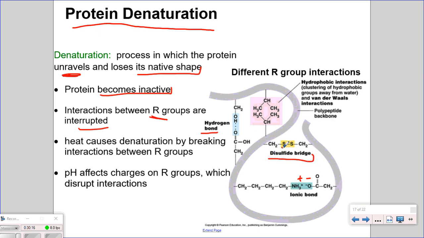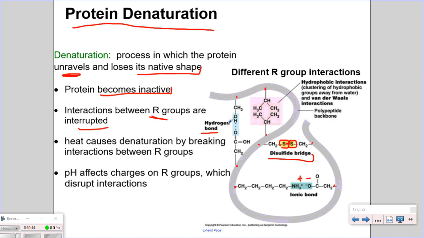These are amino acids that have sulfur at the end of them here, and those sulfurs will bond together, creating a covalent bond. You'll notice that these different R group interactions are located at different spots in the primary sequence, and so the folding over of the chain itself allows these amino acids to interact together.